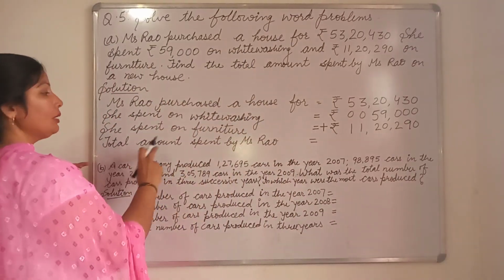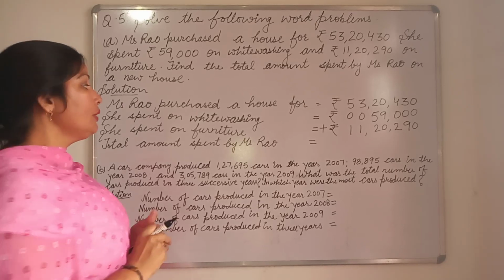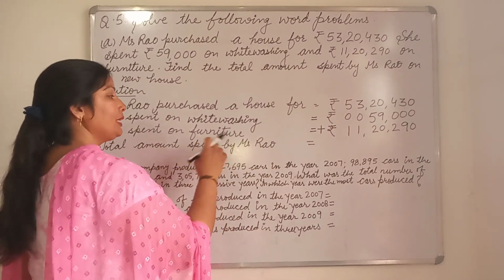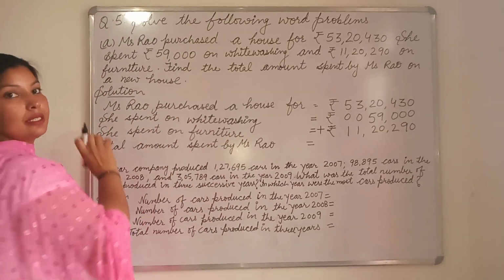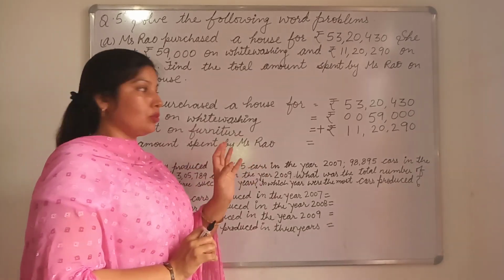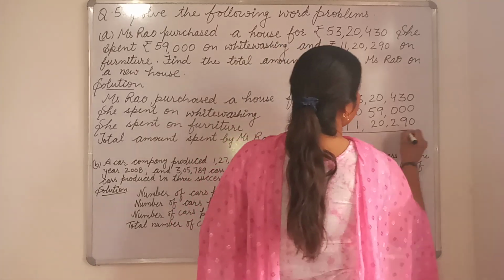Now total amount spent by Miss Rao. Here we can use 'by her' also. Total amount spent by her, because already we have used the name of Miss Rao. Now we will do plus. So now we will do addition here.